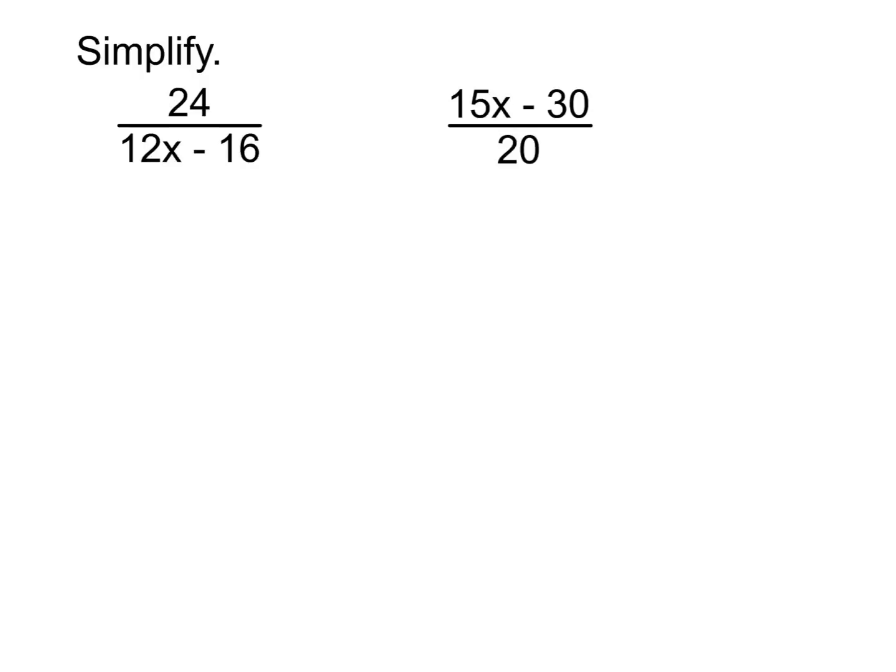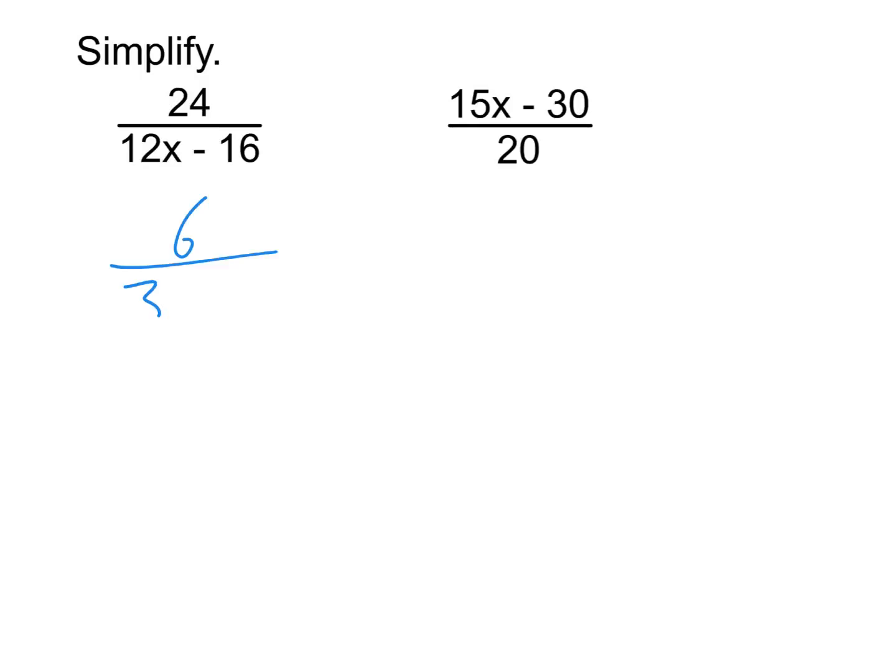6, nope, not quite. What else? 4, yeah. 4 goes into 16, 6 doesn't. So that's why it's going to be 4 here. So I'm now going to divide all three of those by 4. So 24 divided by 4? 6, yes. 12x divided by 4 is... what's 12x divided by 4?